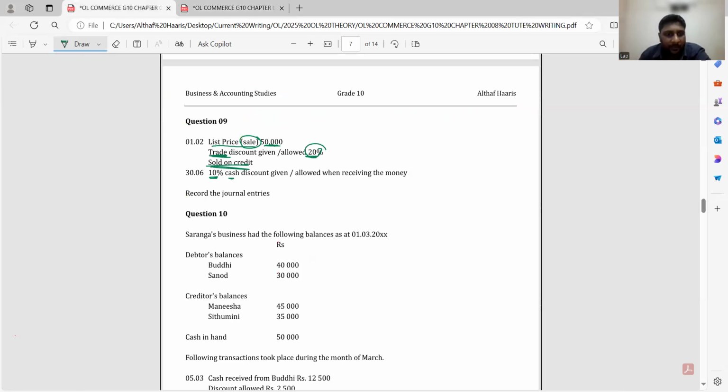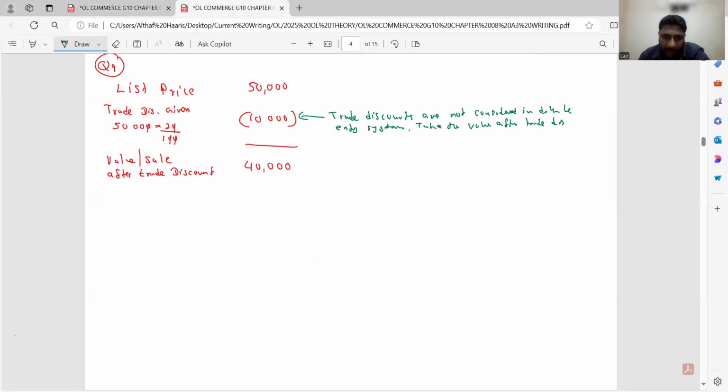What is the date? 1st February. It's a sale. Debit, because you have to receive money. You sold on credit, so you have to receive money in the future.